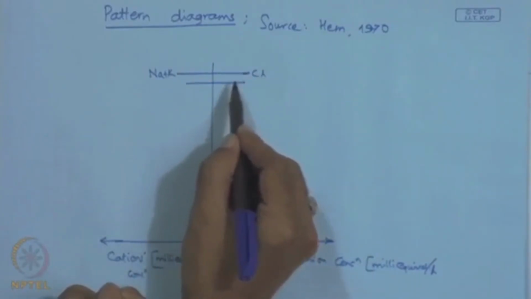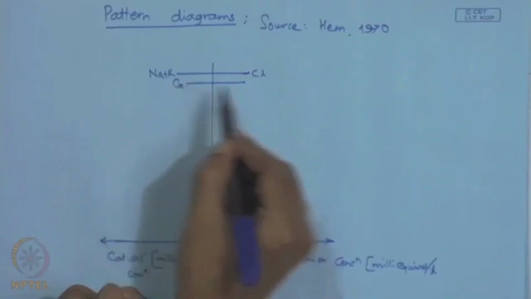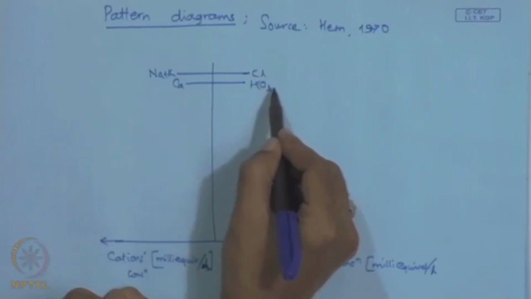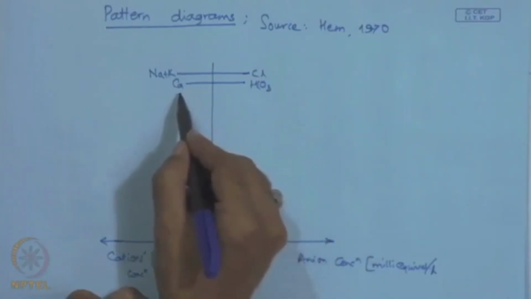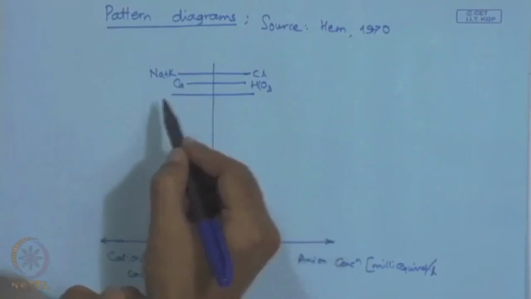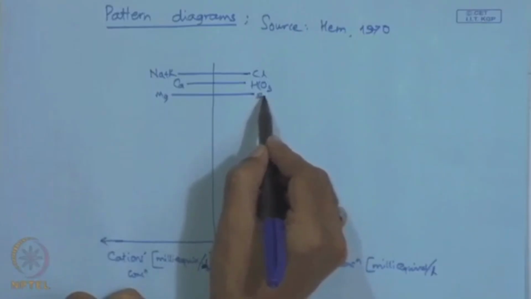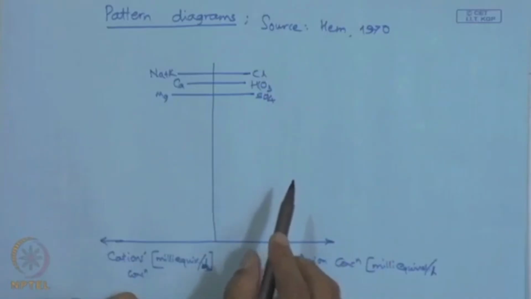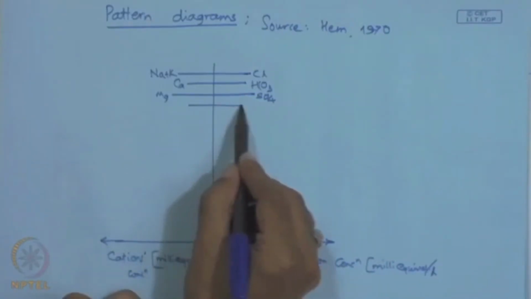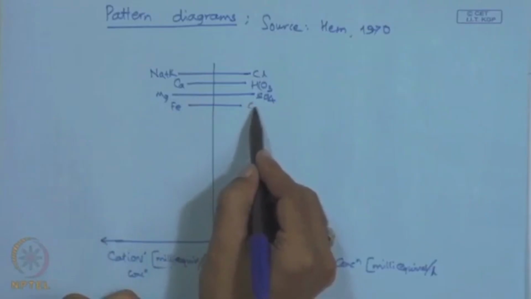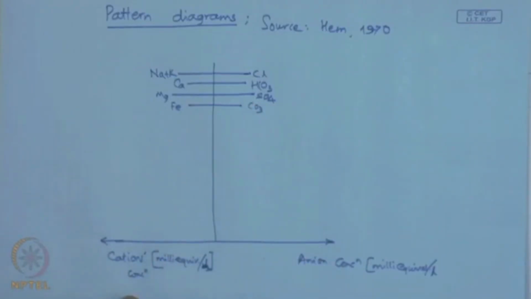Similarly, the second line represents the calcium concentration, and along the same line the bicarbonate concentration. Along the third line it represents the magnesium concentration, and along the right side the sulfate concentration. The bottommost line represents the iron concentration, and here the carbonate concentration.